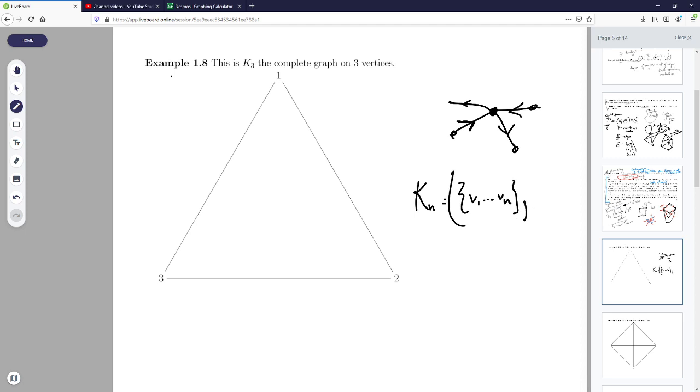The edges are the set of pairs Vi, Vj where i is not equal to j, so any pair of distinct vertices. In this case, we have this edge, V1, V3, this edge, V1, V2, and this edge, V2, V3.